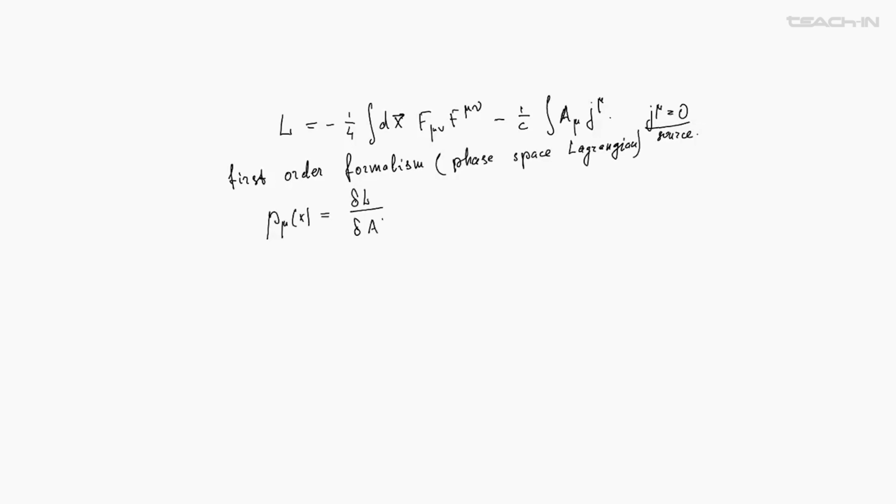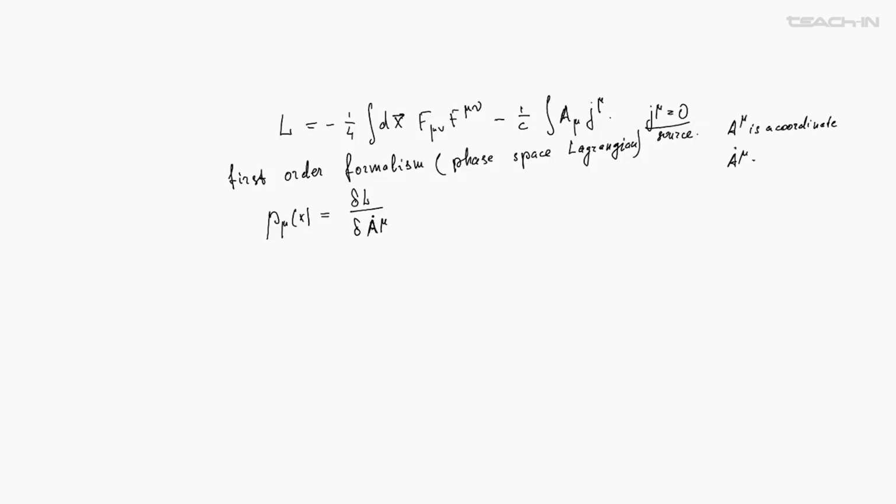So A_μ, as we already discussed, is considered as a coordinate. And therefore, velocity corresponding to this coordinate will be A dot. Here I use A with an upper index, so let's write A^μ with an upper index. A^μ dot would be the corresponding velocity.